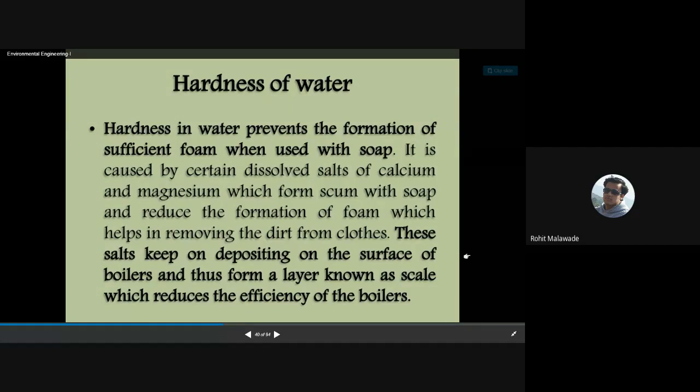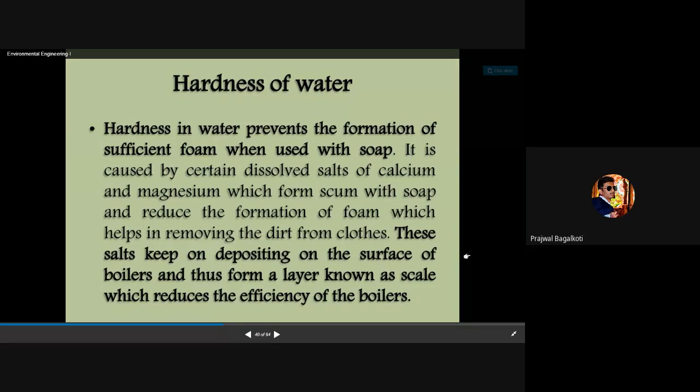Nihal, what is hard water? Arud, what is hard water? Sir, for example, water which does not pass through a thin cloth. No, no. Arud?